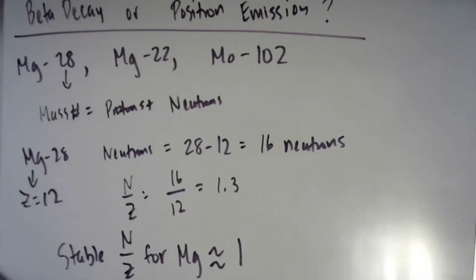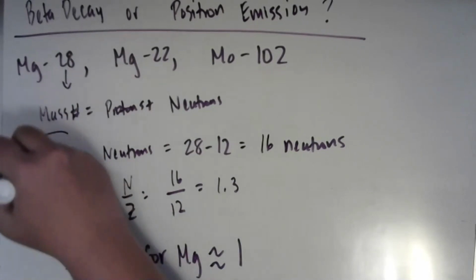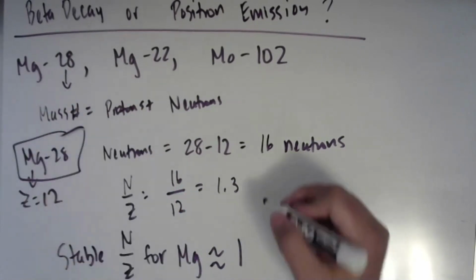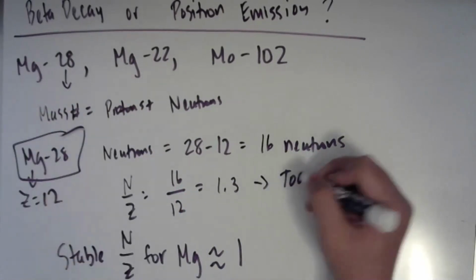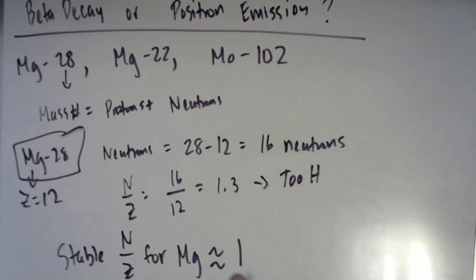So what we see here with an N to Z ratio of 1.3 is that our N to Z ratio is too high when we have magnesium 28. It's higher than our stable number, which is 1.